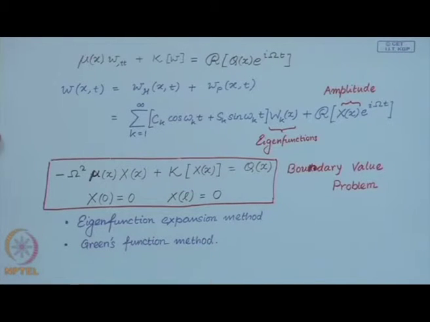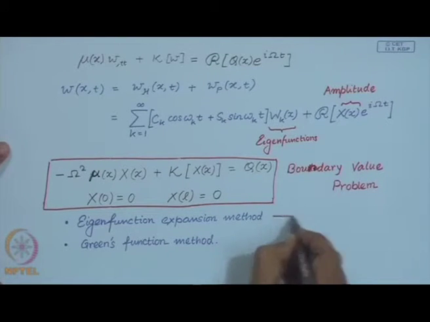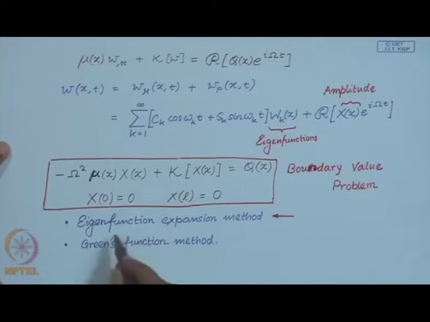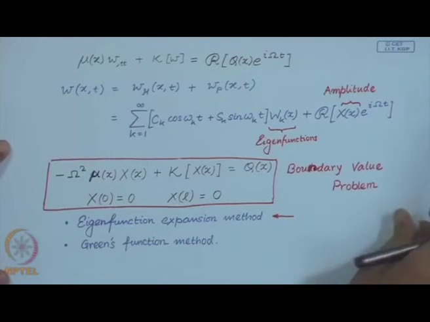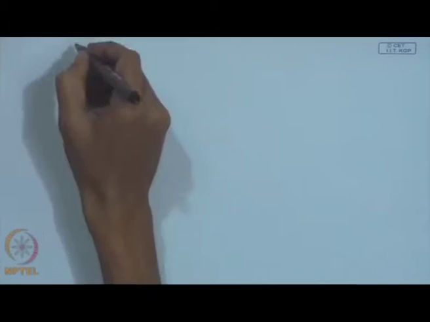This is another method which we are going to look at in the next lecture. So, today we are going to focus on this eigenfunction expansion method for solving the boundary value problem.